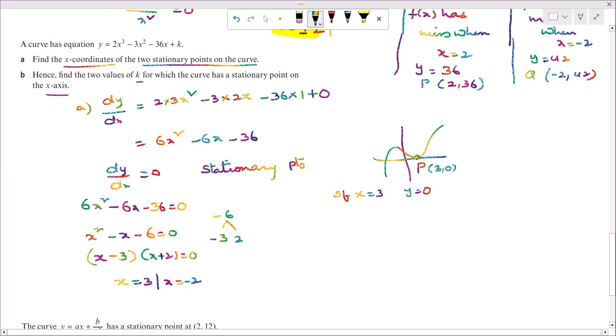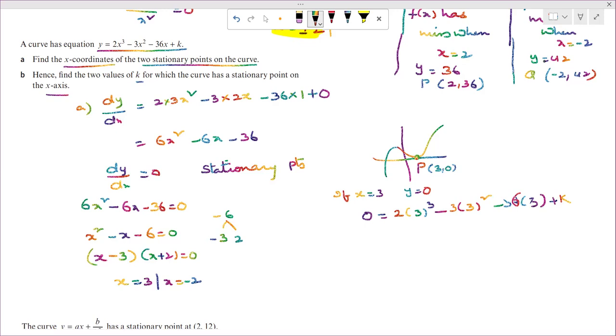Substitute: 0 is equal to 2 into 3 cube minus 3 into 3 square minus 36 into 3 plus k. 3 cube is 27, 2 times 27 is 54, 3 times 9 is 27, 36 times 3 is 108, plus k.